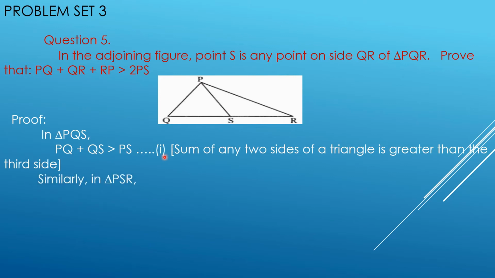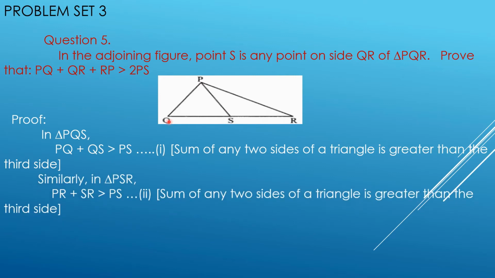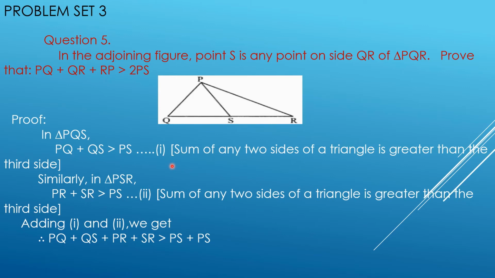And similarly, in triangle PSR, PR plus SR is also greater than PS. That is the equation number 2. The same reason, sum of any two sides of a triangle is greater than the third side. Adding the first equation and second equation, we get PQ plus QS plus PR plus SR greater than PS plus PS.